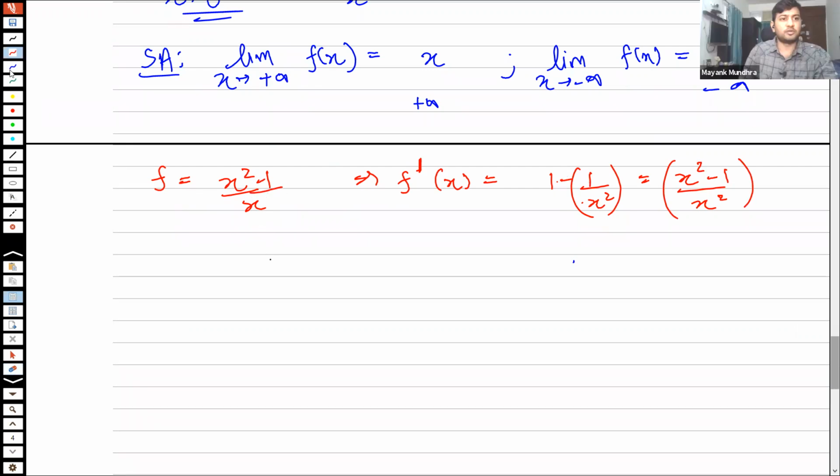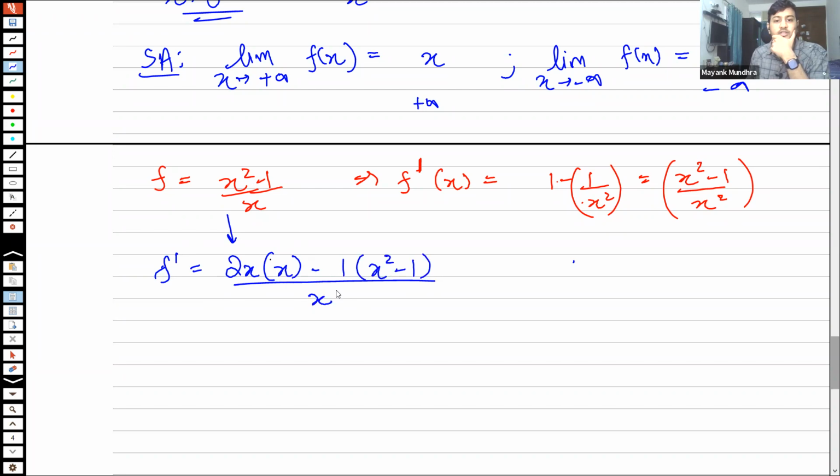Okay, so now you put me in a dilemma. Now I'll have to do it. So f prime is equal to, I'm going to differentiate the numerator, 2x times x, minus the derivative of the denominator, 1 times x square minus 1, whole divided by x square, because denominator square. So this becomes 2x square minus x square plus 1 upon x square.